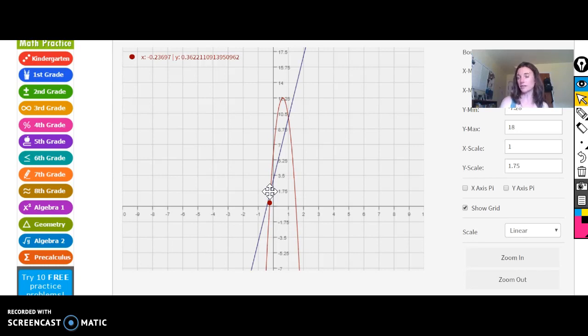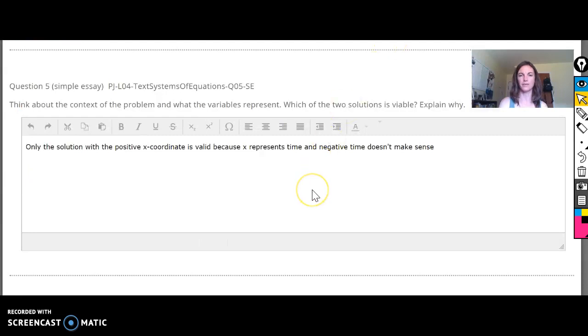I wish we could travel back in time, but that is not a viable solution. So the only viable solution here is at 1 second and a height of 10 because it's a positive time. All right, so that's all you need to write for number 5. The only viable solution is where we have a positive x coordinate because we can't travel backward in time.